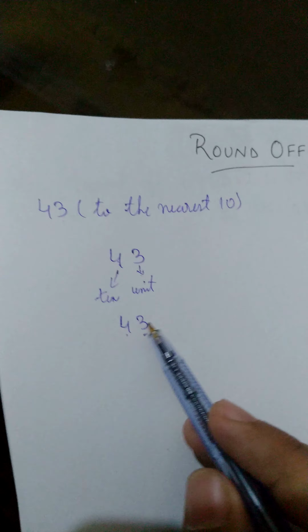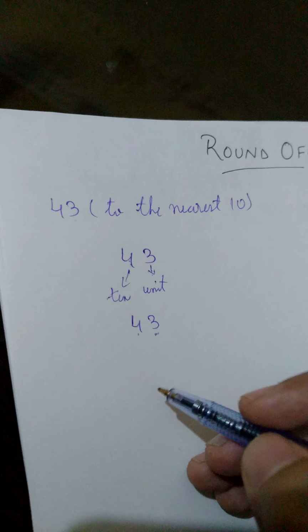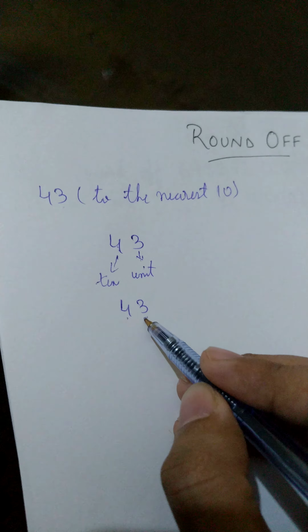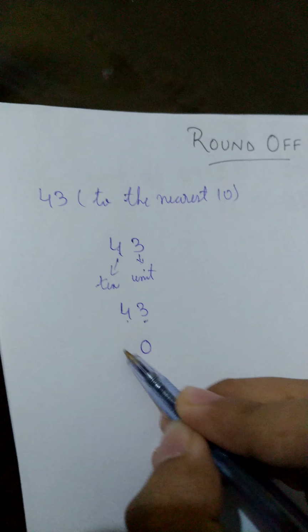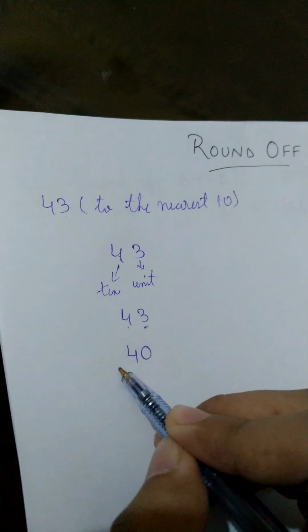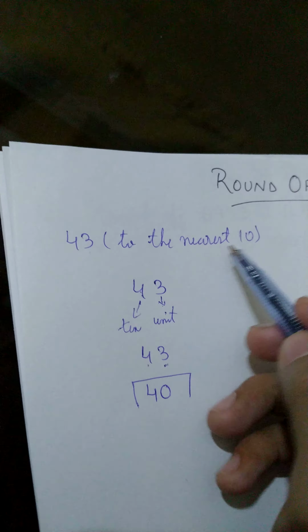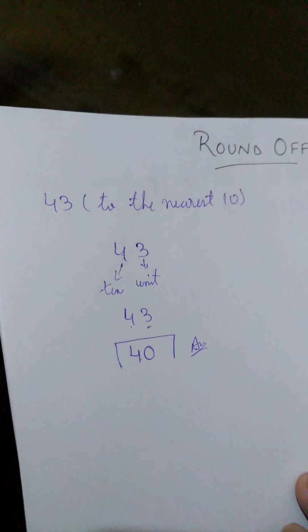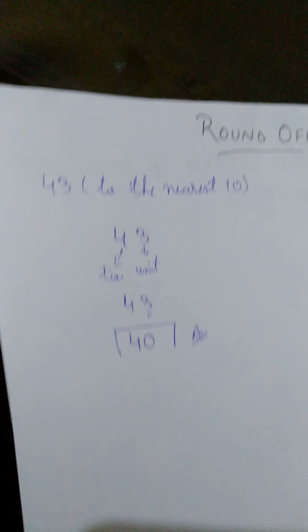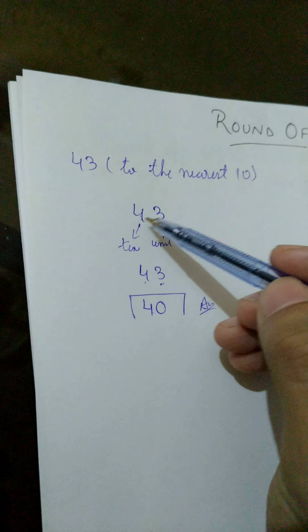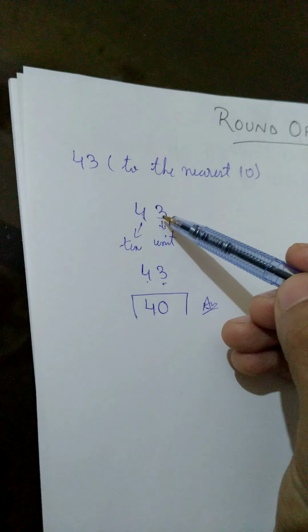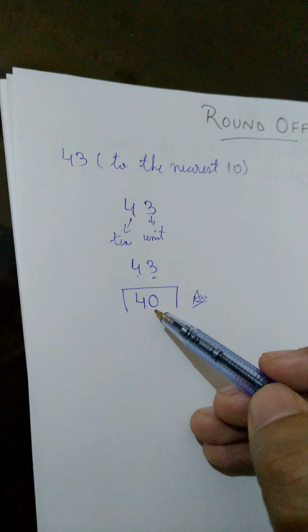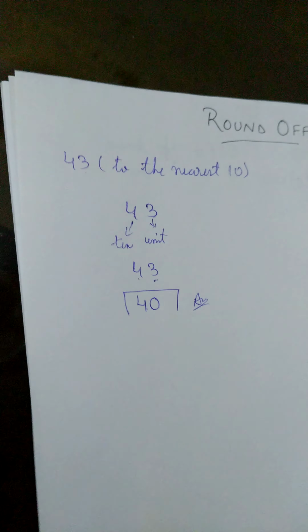We will move down so that the number decreases. I replace this 3 with 0, and 4 stays as it is. 43 rounded off to the nearest 10 is 40. This is our answer. Simple. Because the number to the right of the 10th place was less than 5, we round down.